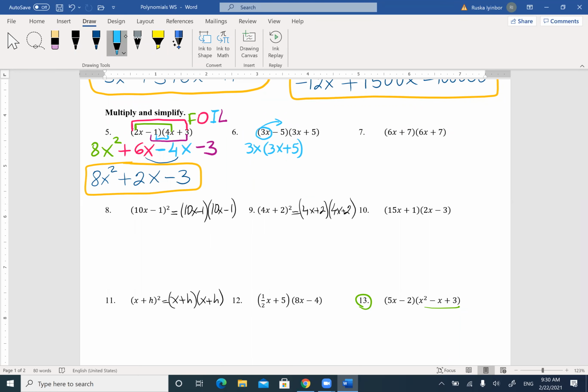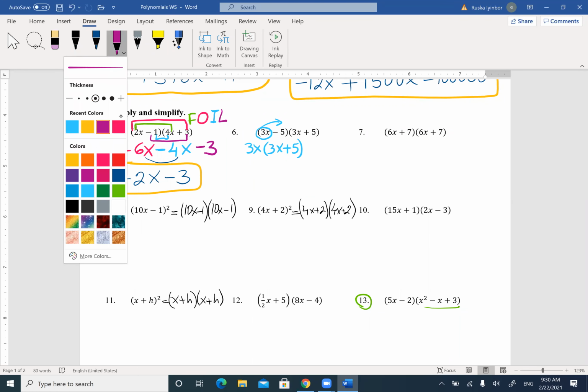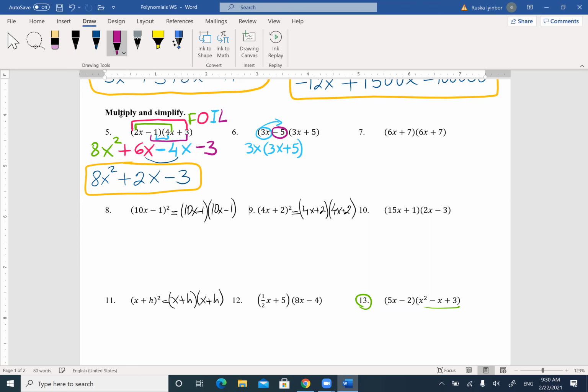And then for the next one, you're multiplying -5 by everything. So it's going to be -5 by 3x plus 5. Okay, and this method works for anything. It doesn't matter what you have. It doesn't have to be 2 by 2. And then from here, you're going to distribute again.